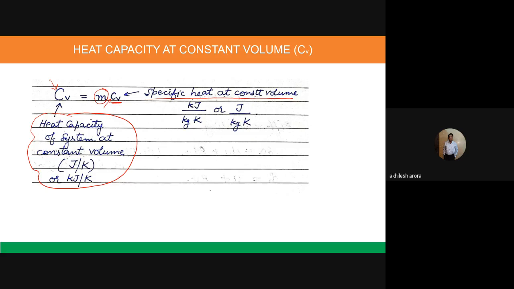If it is a capital letter, it is for an extensive property. You can see the units for specific heat are kilojoules per kg Kelvin or joules per kg Kelvin. You multiply this by mass, then the unit of heat capacity will be joule per Kelvin or kilojoule per Kelvin. So it's quite simple.